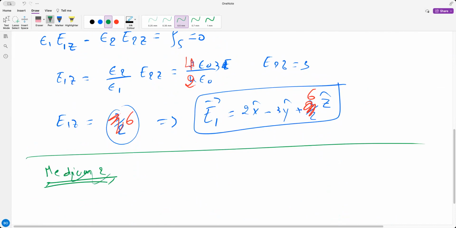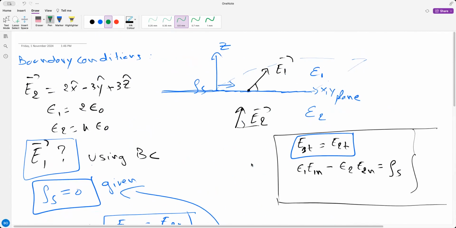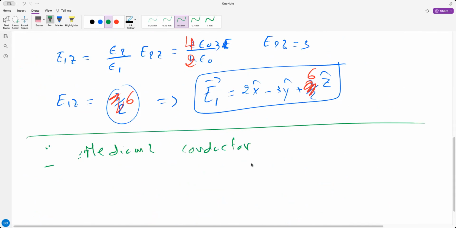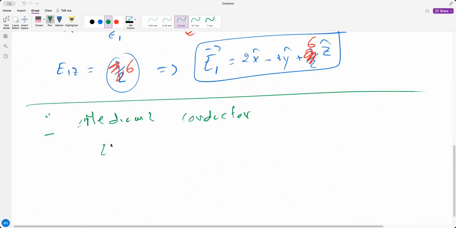What would happen if medium 2 was a conductor? So medium 2 is a conductor. Yes, so for a conductor the tangential component will be equal to 0, which means E2x must be equal to E2y, which is 0, which means E1x must be equal to E1y, which is equal to 0.